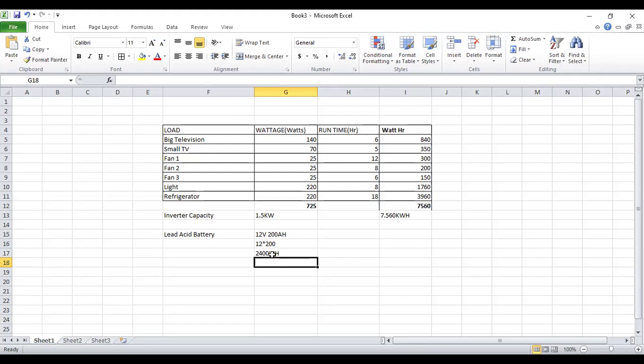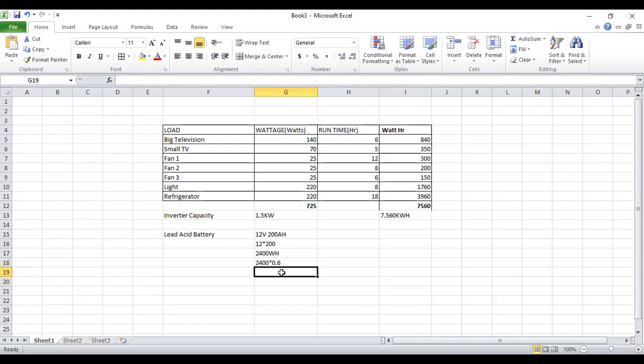Then it means for this particular 2,400 watt hour that we've seen here, we are only going to get 2,400 times 0.6 as the usable power, if the battery has a depth of discharge of 60%.